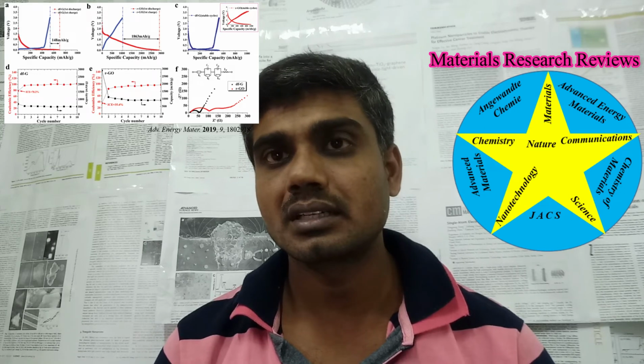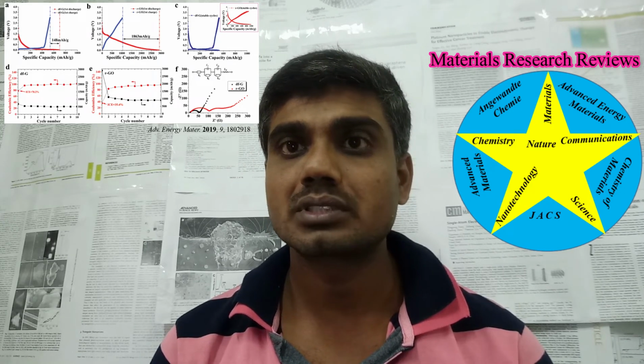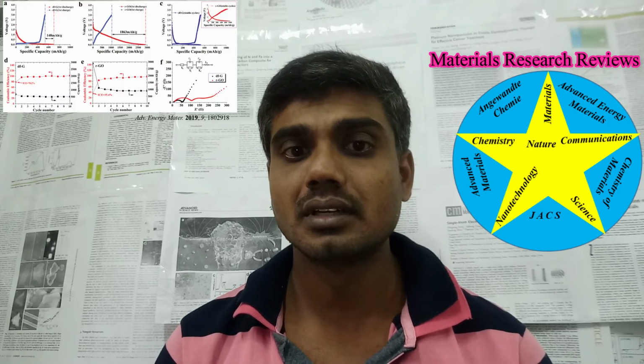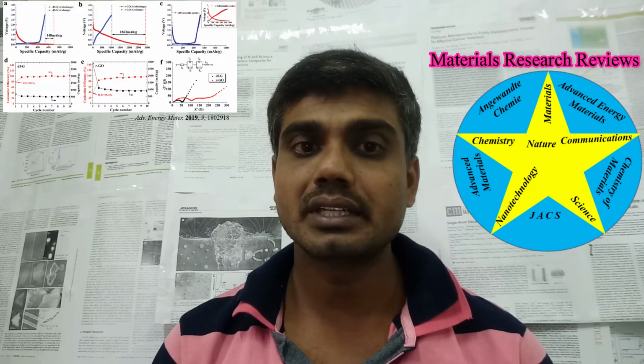After that they plotted the steady state cycling behavior of both. Compared to reduced graphene oxide, the defect-free graphene is more stable, and it stays stable up to high voltage also, so they showed that plot. After that, the comparison of the coulombic efficiency for both materials.